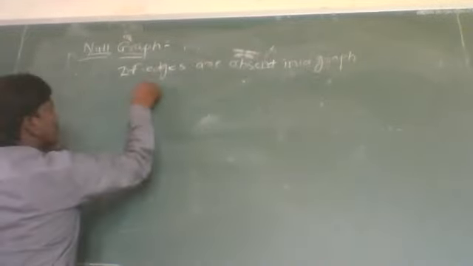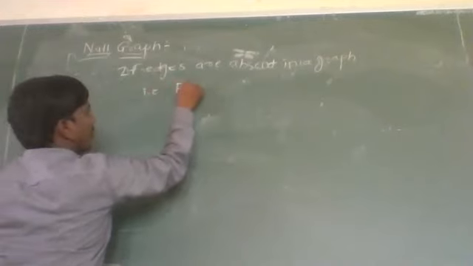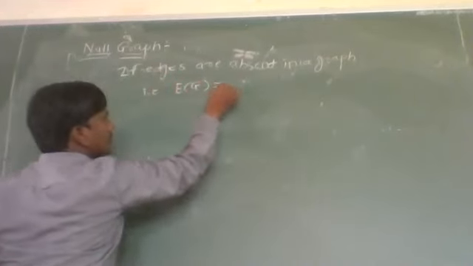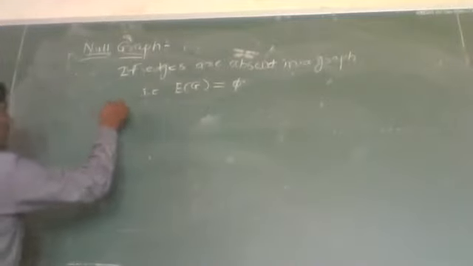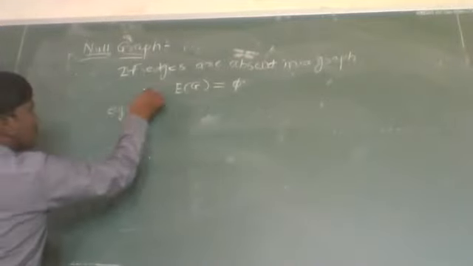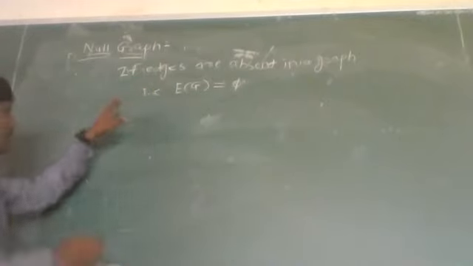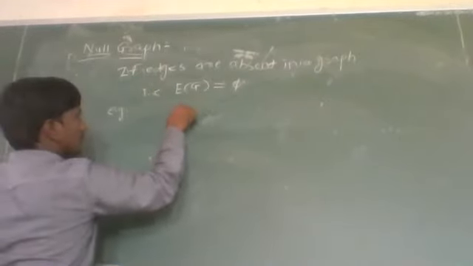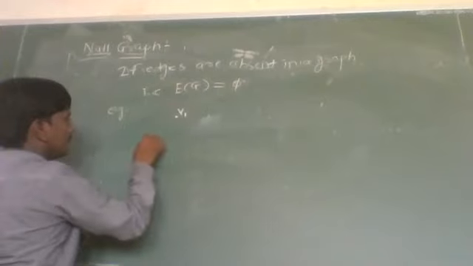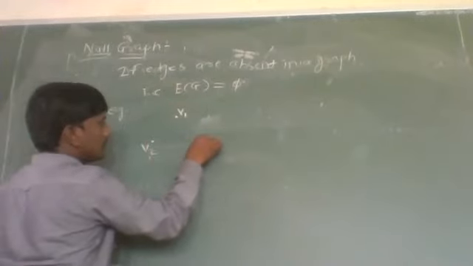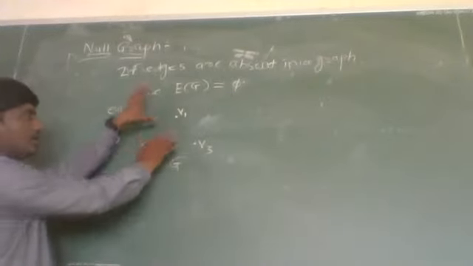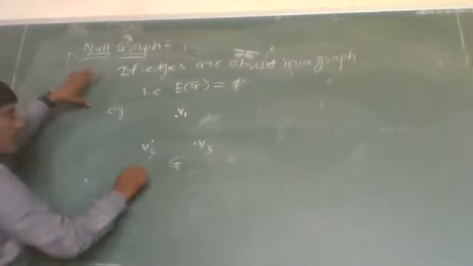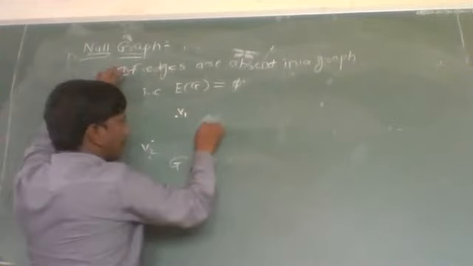That is, the edge set of the graph G is empty. For example, let us take one graph with vertices V1, V2, V3. This graph G has three vertices, but there is no edge. Hence, this graph G is a null graph.